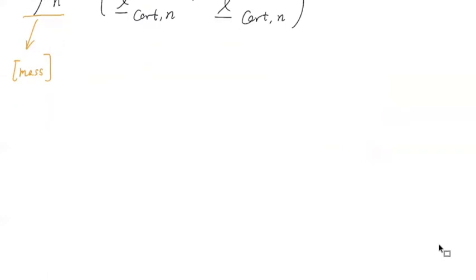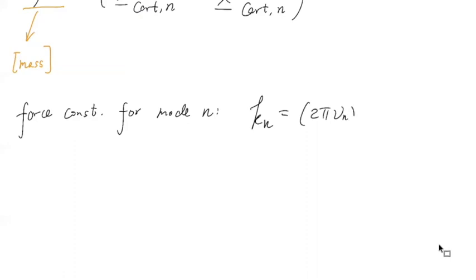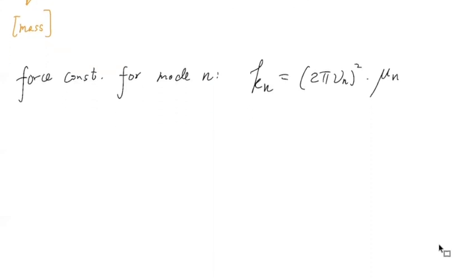And then we can define the force constant for mode n. This is K_n. K_n is defined by omega squared times mu n, right? So this force constant is, of course, defined for a particular normal mode. It's not defined for a pair of atoms that are connected by a chemical bond, right?